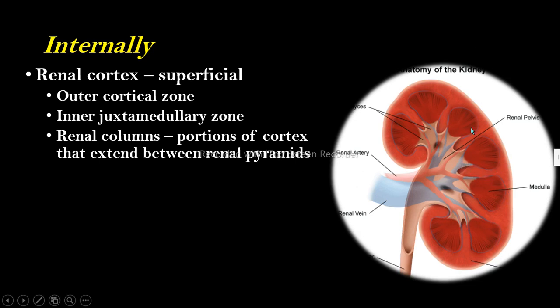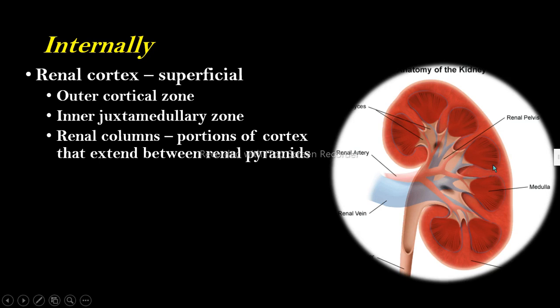If you study the structure of the kidney, they are pyramids. And these pyramids are known as renal pyramids. In other words, anything concerning the kidney, you just add renal.